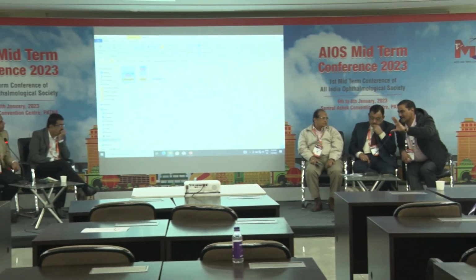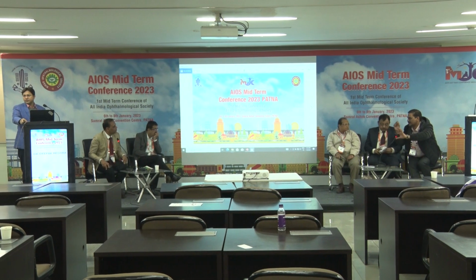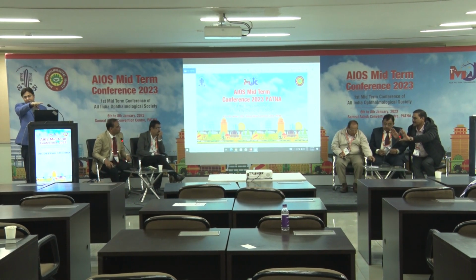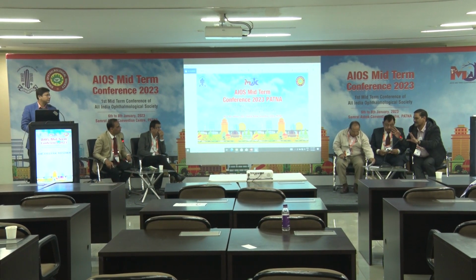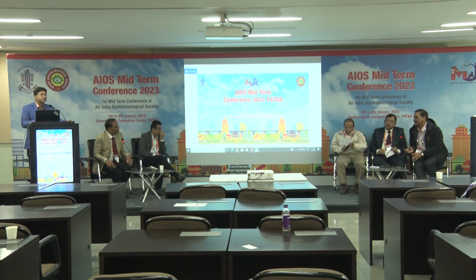So in our experience, what we do is we keep working on one machine and standardize our IOL powers, and then calculate and see. Don't measure with two different instruments which you are not aware of and then get confused.